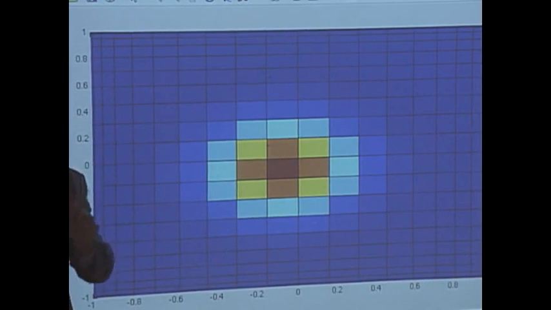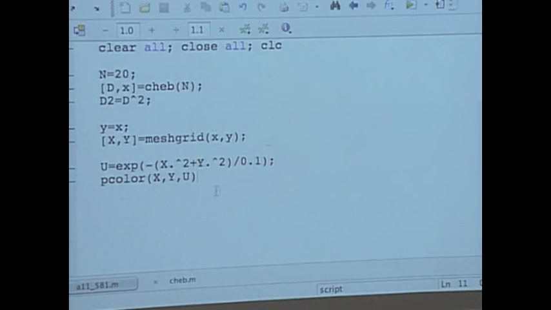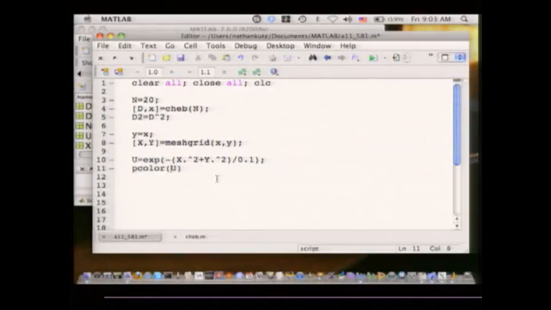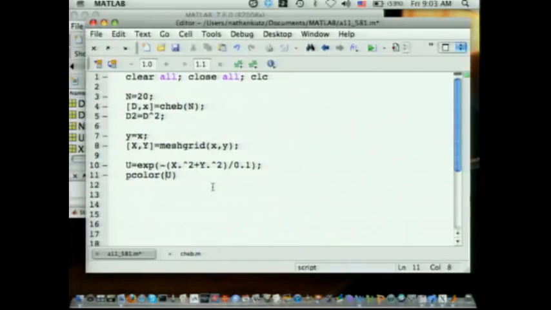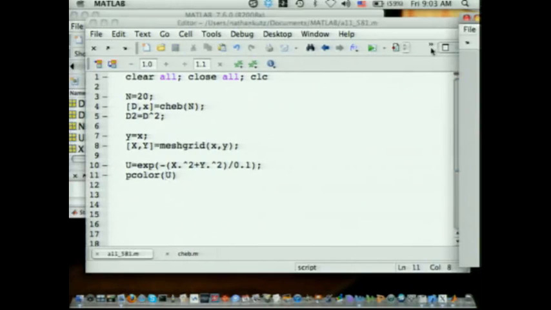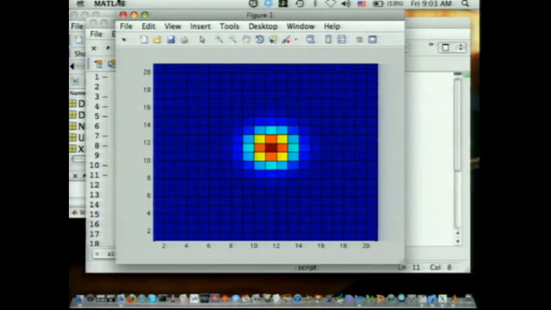Now, an important thing. Sometimes you might do the following: pcolor u. Now, why would you do this? Well, normally, you'd say, I'll put in my xy coordinates. Who cares? If it's evenly spaced points, pcolor u and pcolor with x, y, u will look the same. But now, when you do this, here's what it looks like.